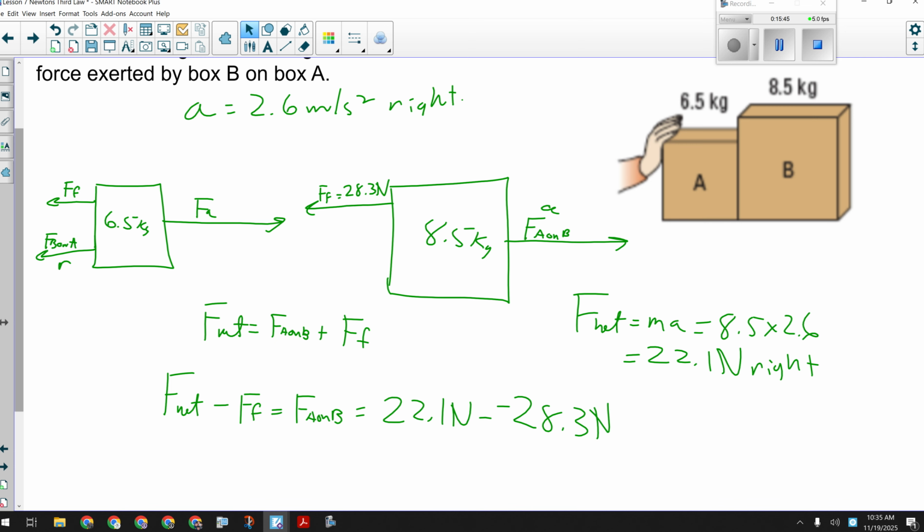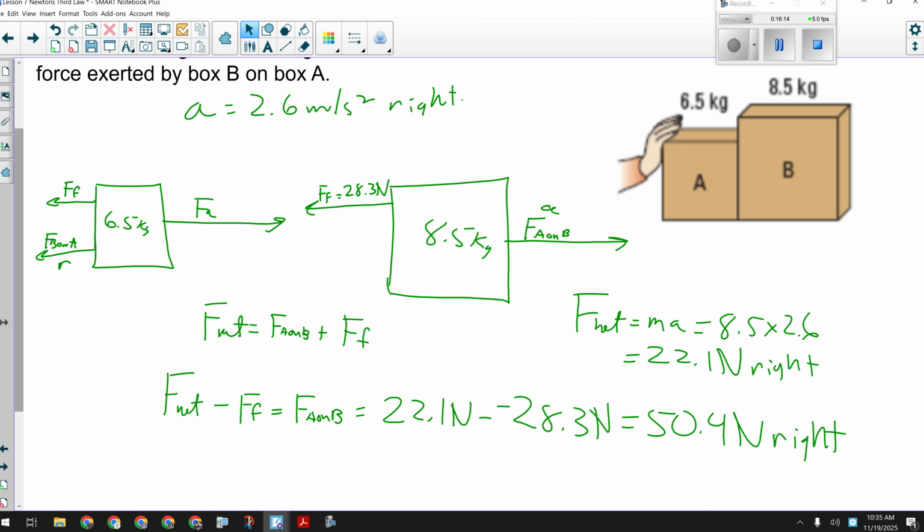Vectors matter here. So we're looking at 50.4 newtons to the right. That's the force of A on B. What's the force of B on A? 50.4 newtons to the left.